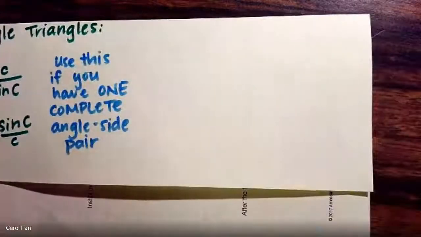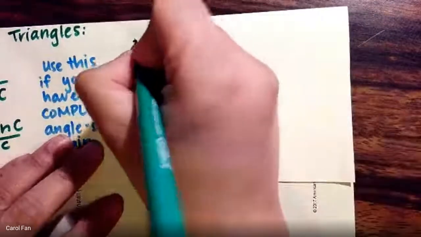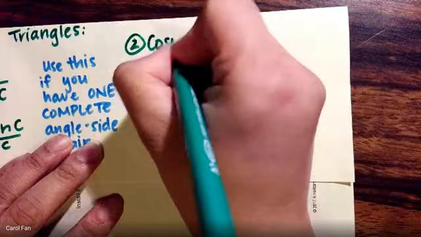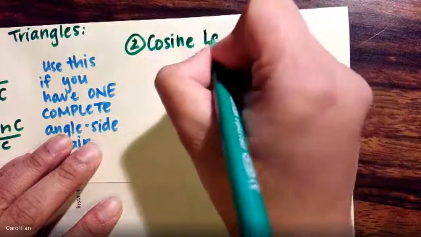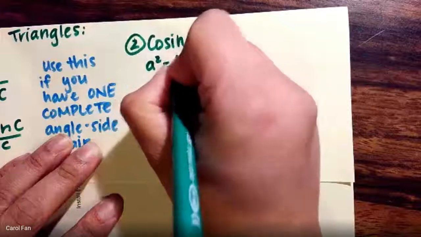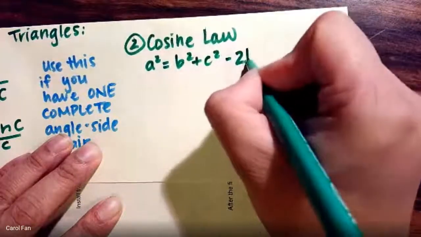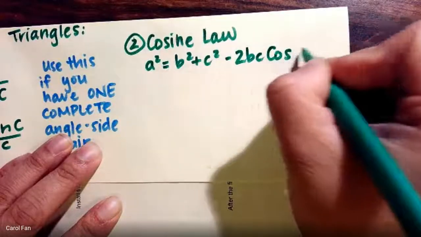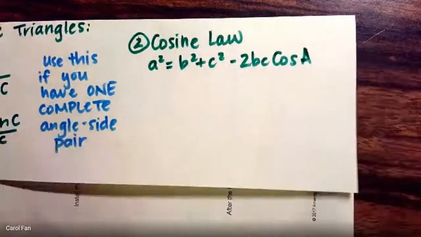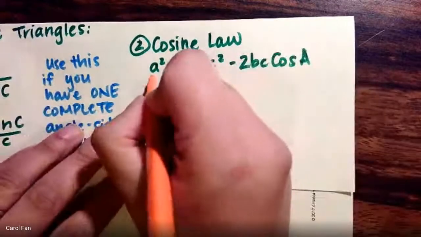Now, our second law that we have is our cosine law. Cosine law is a squared is equal to b squared plus c squared minus 2bc cosine of angle A. Now, this is what I call the sandwich rule.